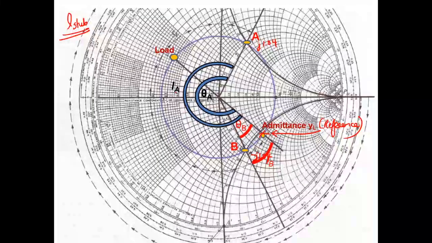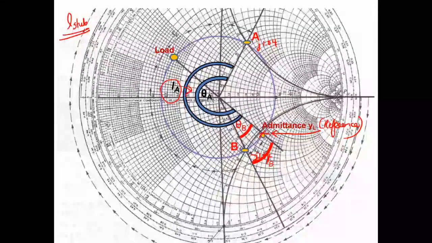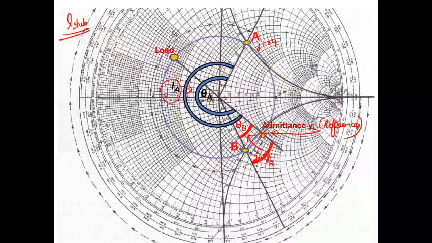There are 2 options: one is at point A and the other is at point B. If it is point A, the distance of the stub from the load, that is from load to A, is given by LA, which corresponds to theta A, and LB corresponds to theta B. So you will get 2 angles from this graph, and for the 2 angles you can calculate the corresponding distances with the relation lambda corresponds to 720 degrees.